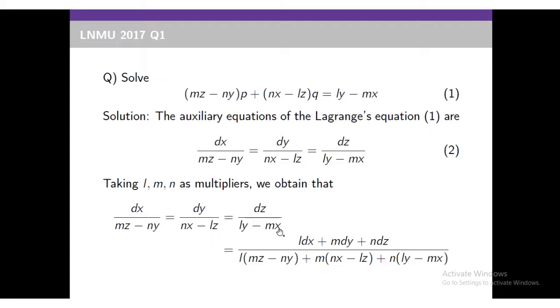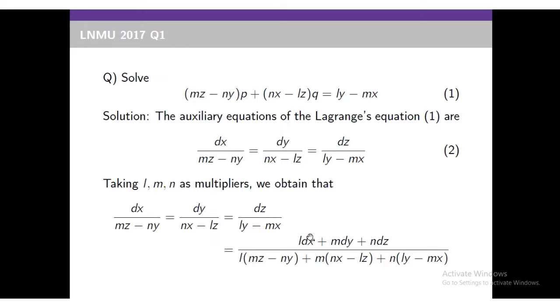We have already seen this in an earlier lecture, Prerequisite to Simultaneous Differential Equations, or in the first lecture of Lagrange's equation. I do not remember exactly in which lecture we discussed thoroughly how you write this fraction, so go to the previous lectures and you will completely understand it.